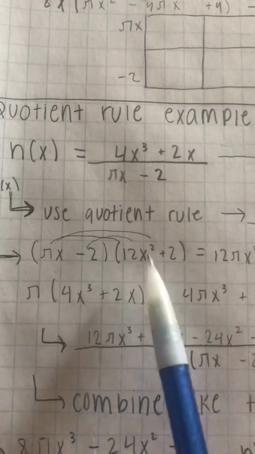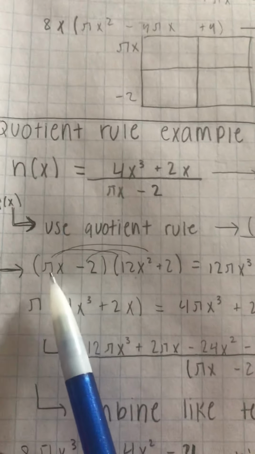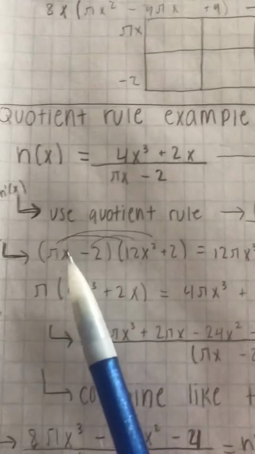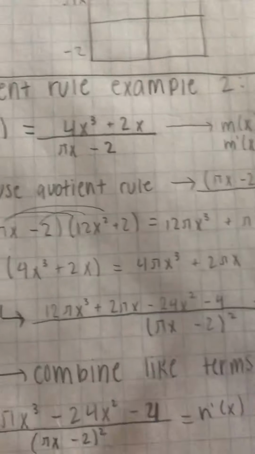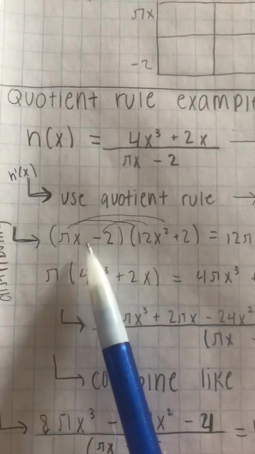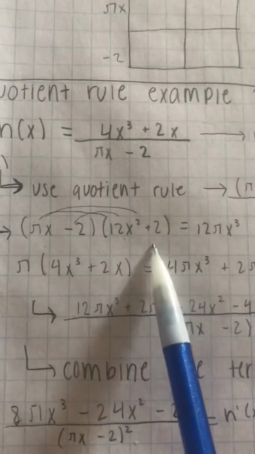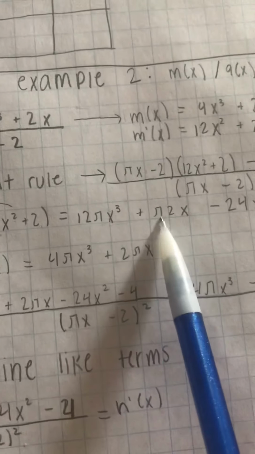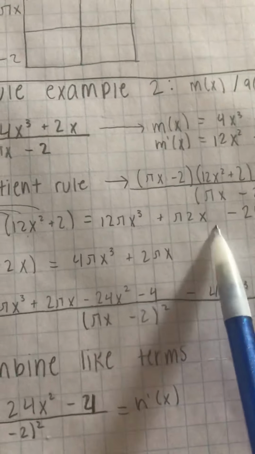This x to the power of 1 can combine to x to the power of 3. I'm keeping in pi because it's more accurate, so it can just be 12 pi x cubed, and that's going to be okay for now. Then I'm going to distribute pi x times positive 2 right here, so we have 2 pi x. I'll move it around later, but that's pretty much that.